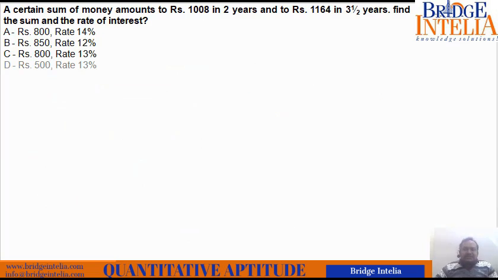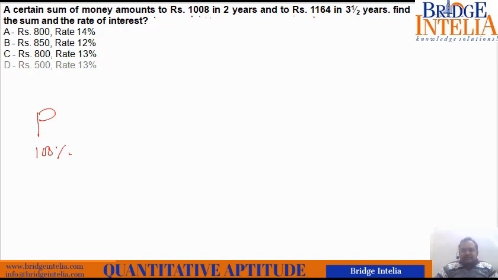A certain sum of money amounts to rupees 1008 in 2 years and to rupees 1164 in 3.5 years. Find the sum and rate of interest. Please understand. You deposit money P, that means you deposit 100%.